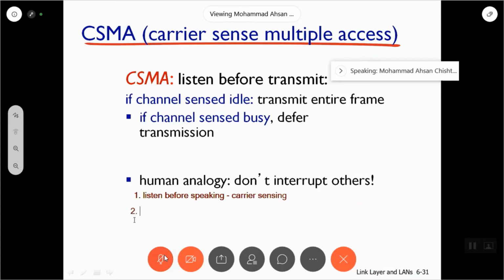The second one that I mentioned just now is: if someone is talking at the same time, there is sensing, still someone is talking at the same time, stop talking.